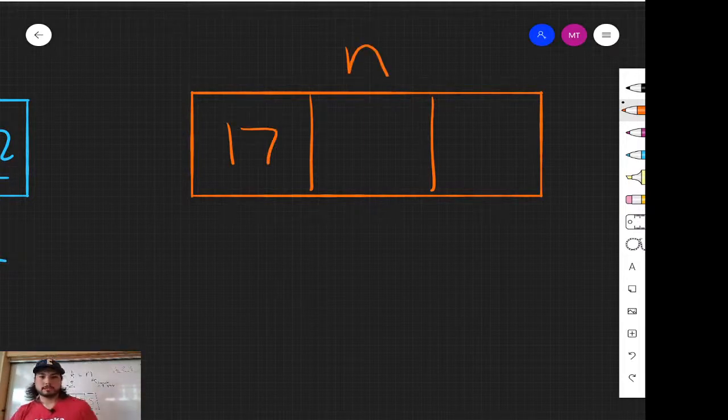Write some equations to match this model. If there's 17 in one of our sections, how many sections do we have? And then what does the whole thing equal?